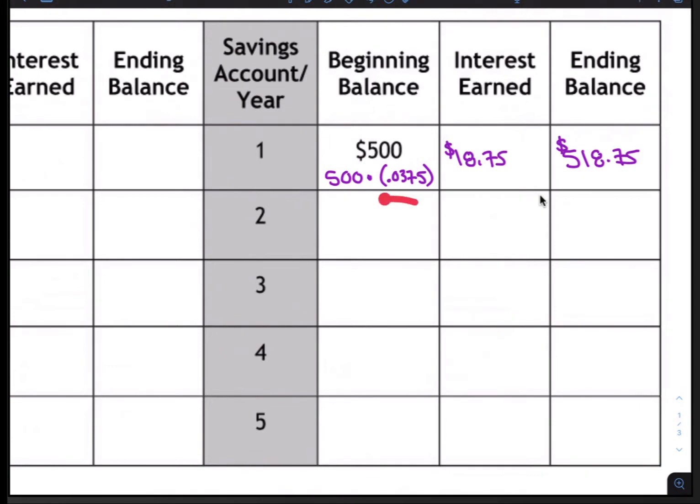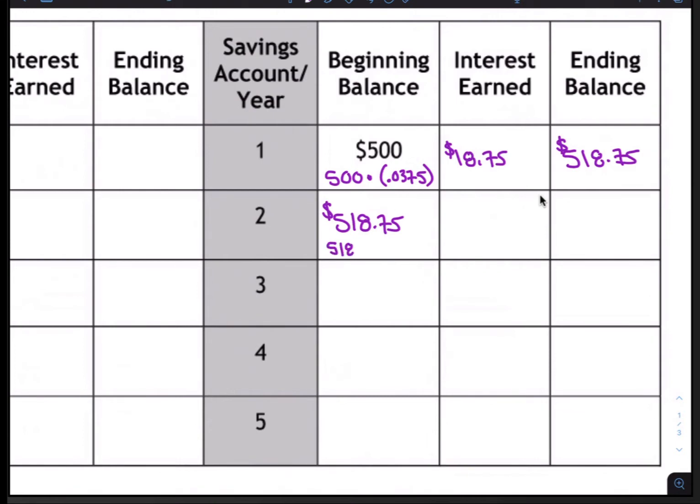Now for the beginning balance on year 2, that would be the same as the ending balance of the previous year. So we would just rewrite the 518.75 here at the start of year number 2, and then we would multiply that times the interest rate of 0.0375 again.